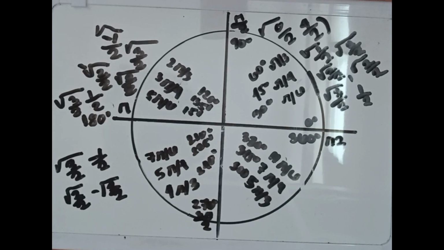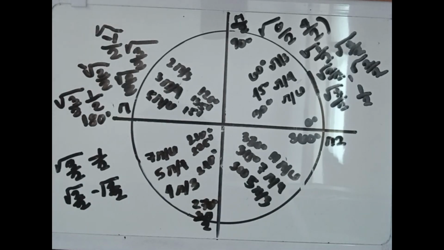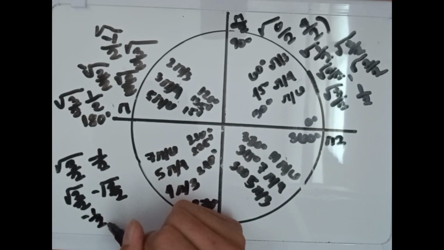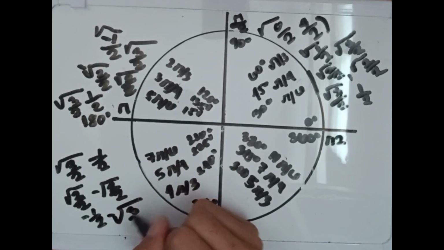The x and y coordinates of 4 pi over 3, 240 degrees, are negative 1 over 2 and negative square root of 3 over 2.